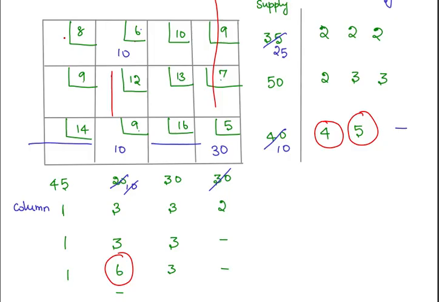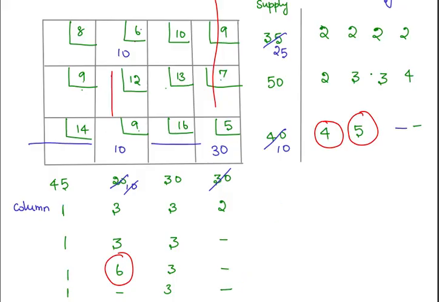Fine. Now remaining is 8 and 10. The penalty is 2. Here it is 4. Here is nothing. Now for the columns, here it is 3, and here it is already over.